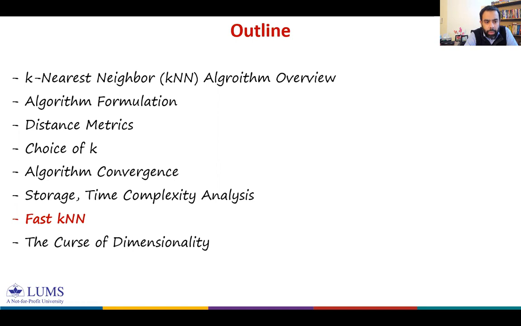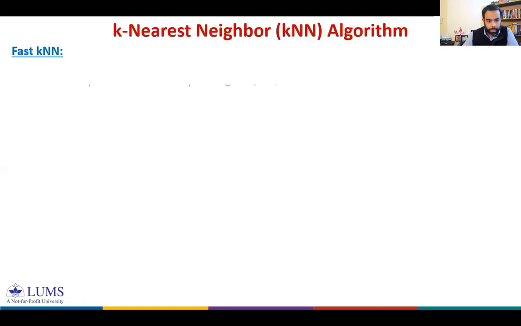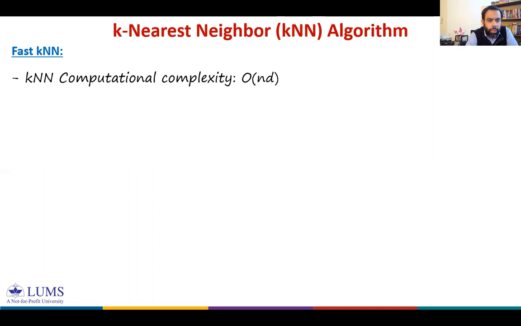In the previous module, we talked about storage complexity and time complexity of kNN. We derived the computational complexity of kNN, and that turned out to be of the order n times d, where n corresponds to the number of points in your training set, and d corresponds to the dimension of the feature space.